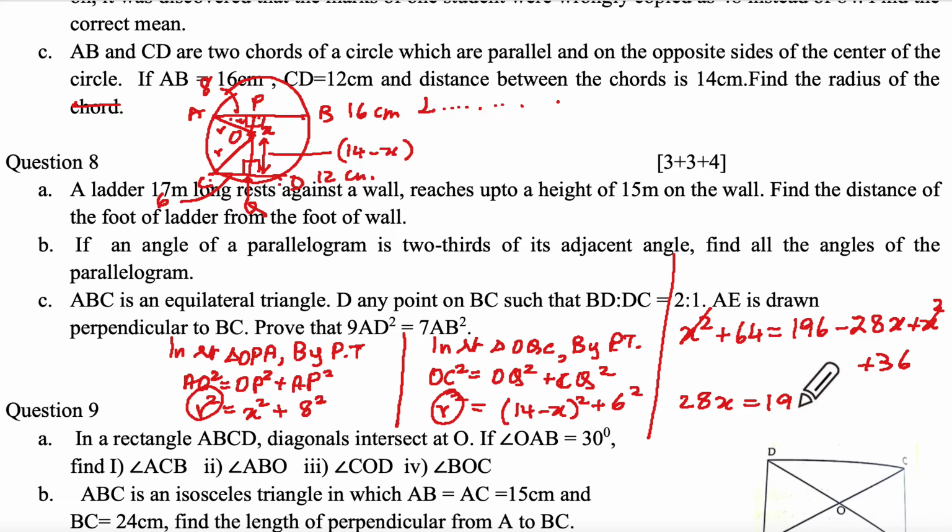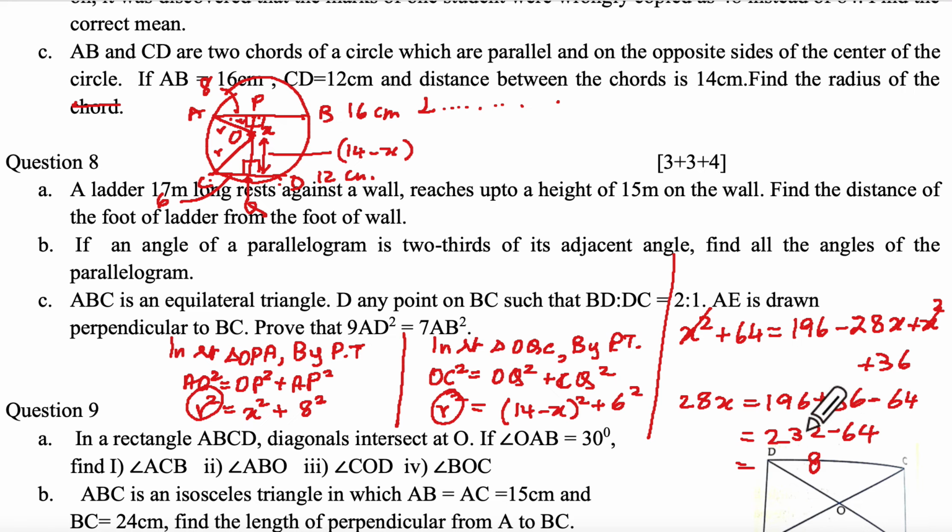So 196 plus 36 minus 64. How much is this? 232 minus 64.